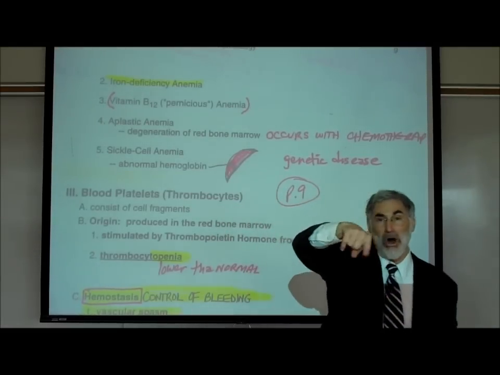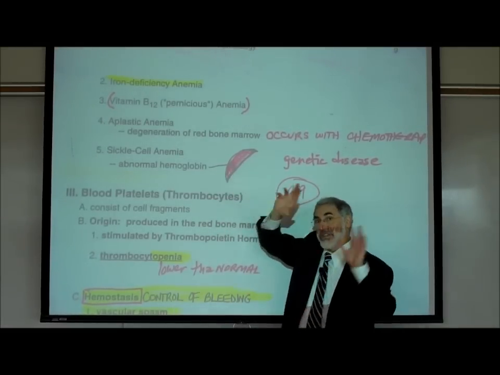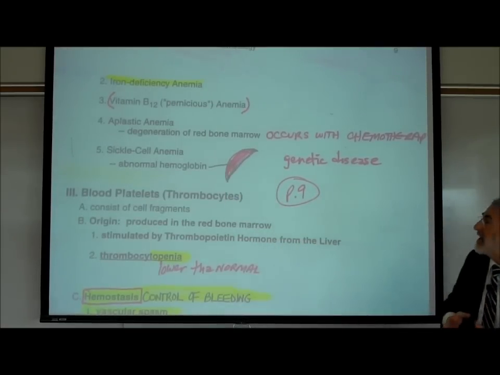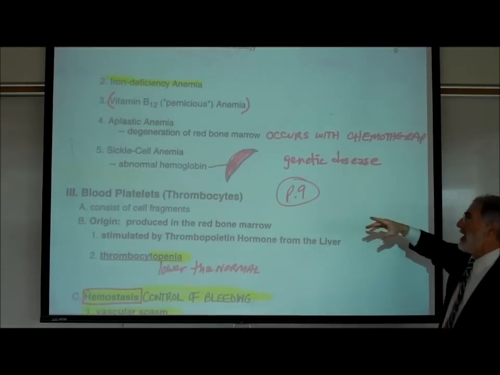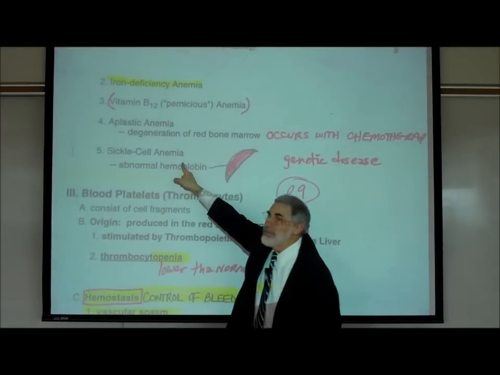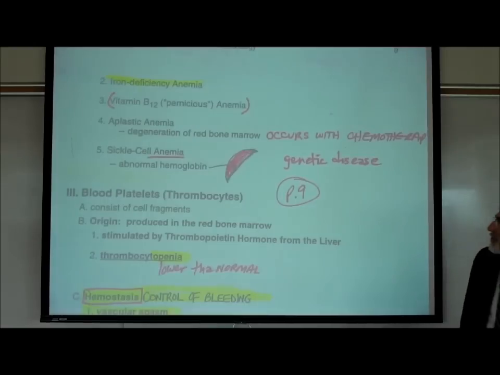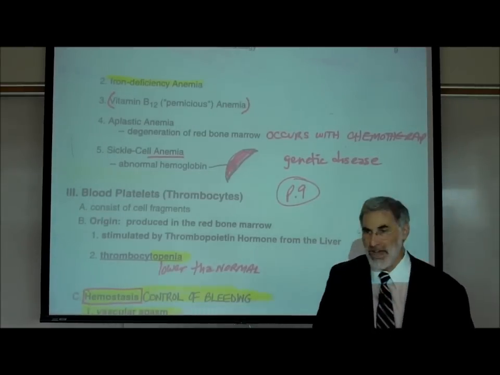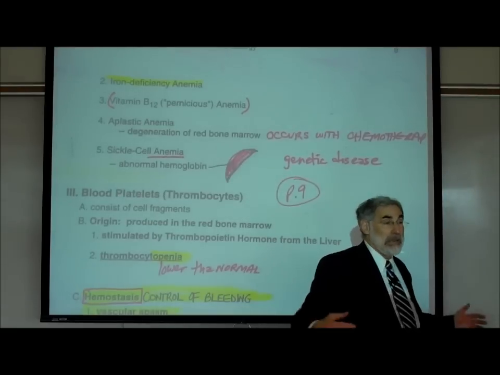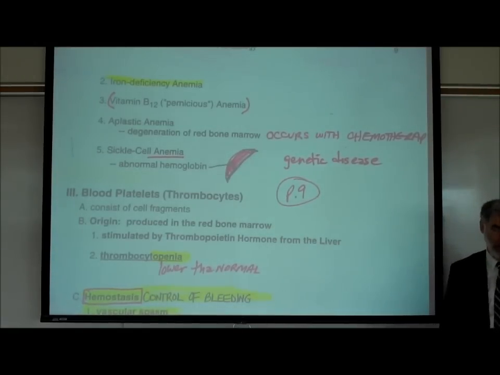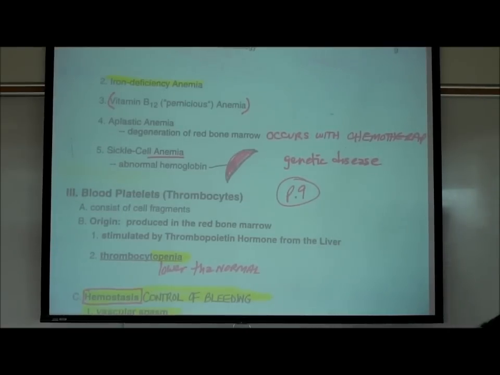Instead of being a small round cell, it looks sickle-shaped. And it just doesn't carry oxygen like normal. That's why it's called sickle cell anemia. The person's anemic. Now, there's no treatment for this. There's no cure because it's a genetic defect. And it means literally they've got a defective form of hemoglobin that won't carry oxygen like normal. So there are a lot of different causes. This is just the beginning of the types.